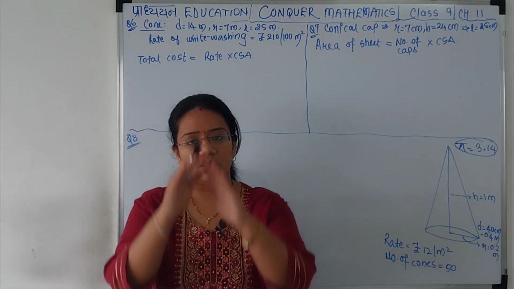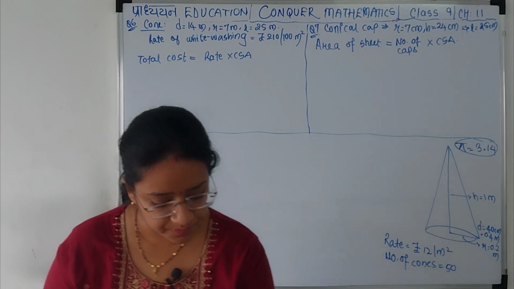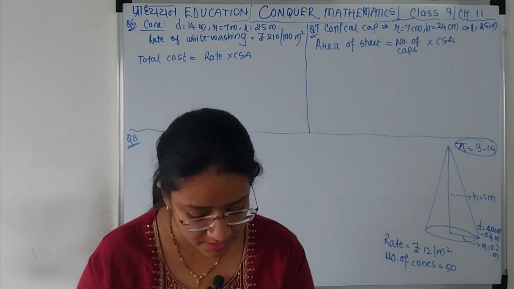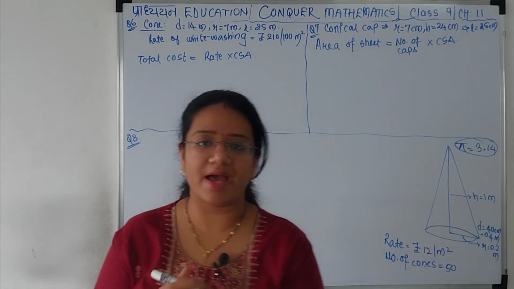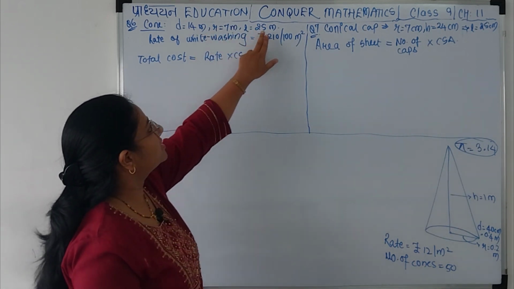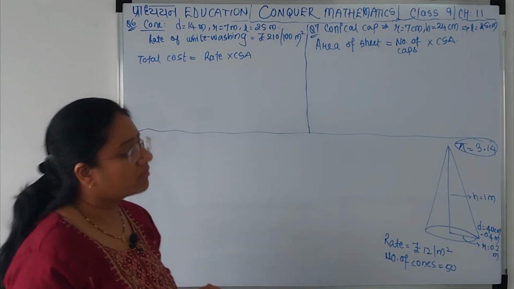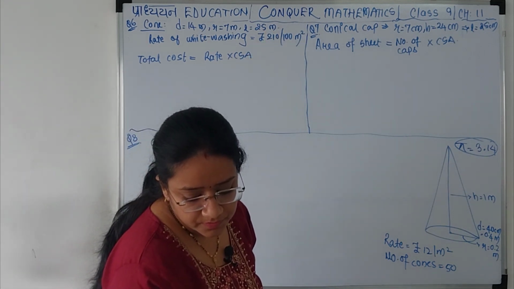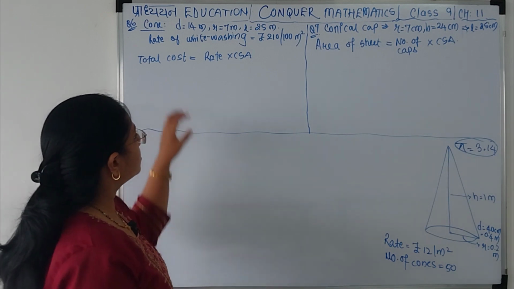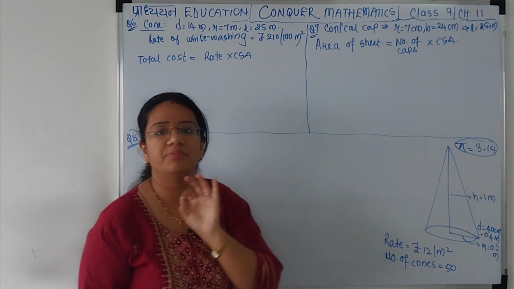Conical shape में एक tomb है जिसका slant height is, sorry, the slant height is 25 meters and base diameter is 14 meters. That is, radius is 7 meters and slant height will be 25 meters given. और कॉस्ट ऑफ वाइट वॉशिंग है 210 rupees per 100 meter square.